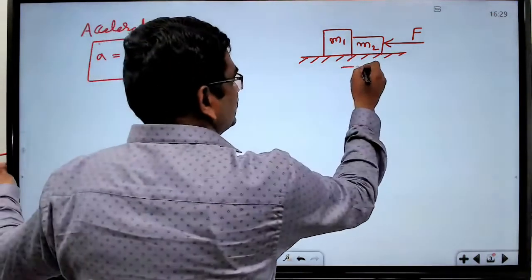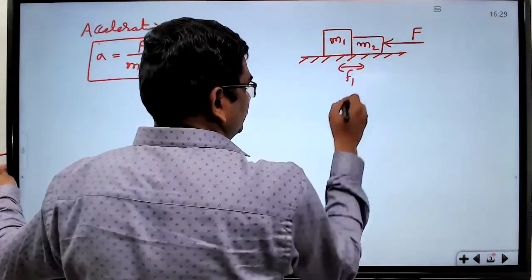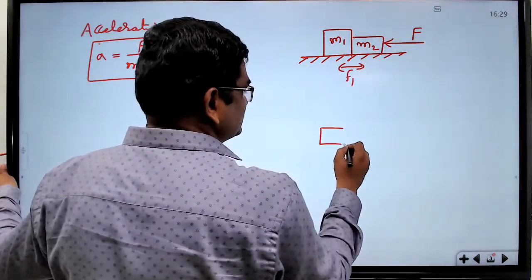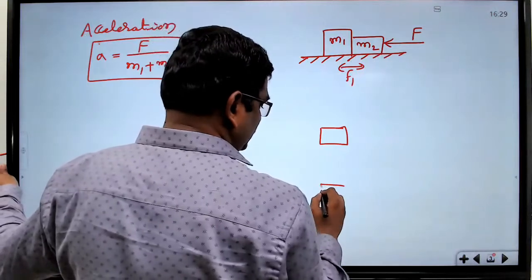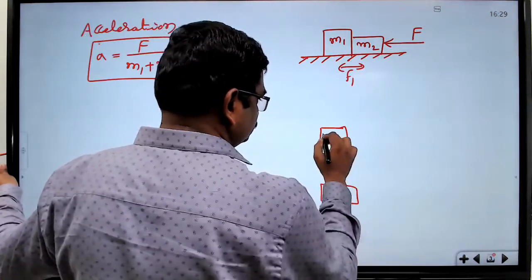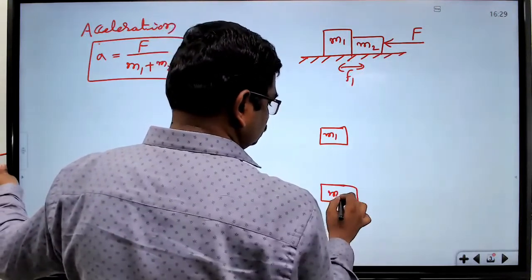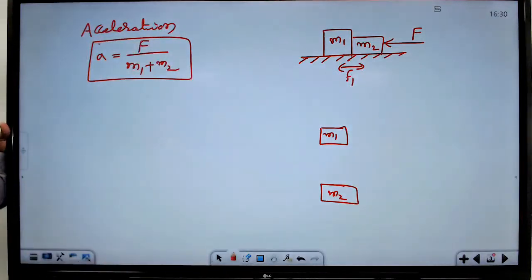So assume that your contact force is F1. Now free body diagram for mass M1, as well as free body diagram for mass M2.